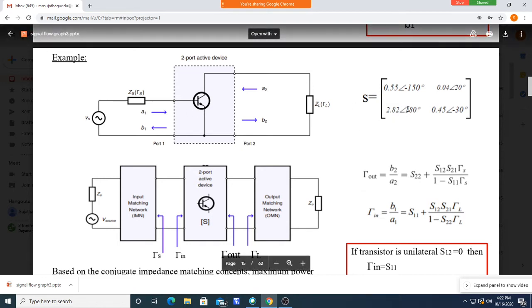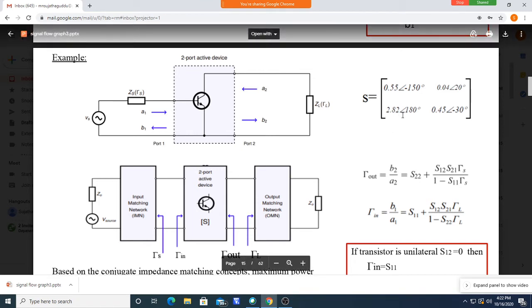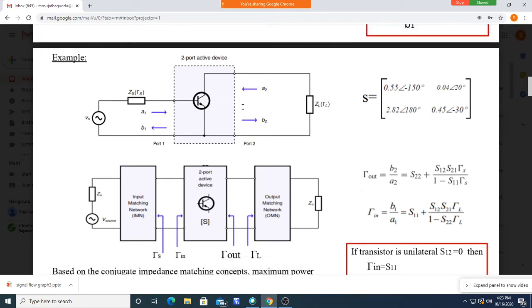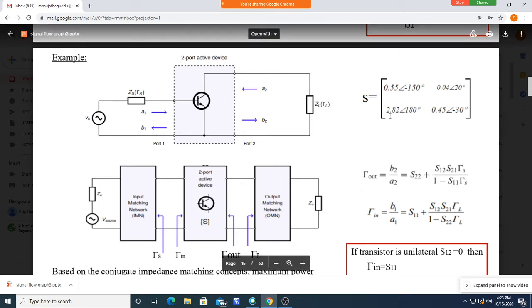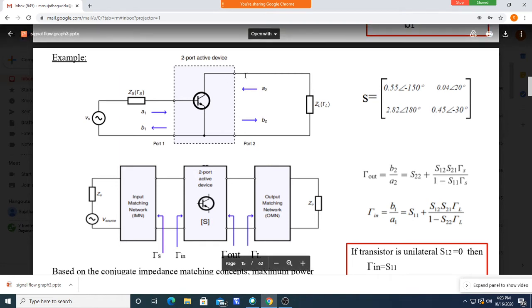The S21 phase is 180 degrees with respect to input, and the magnitude is 2.82. That means your output is 2.82 times the input voltage. Automatically it has a gain of 2.82, and it has a 180-degree phase shift because of the common emitter, taking the collector as output.